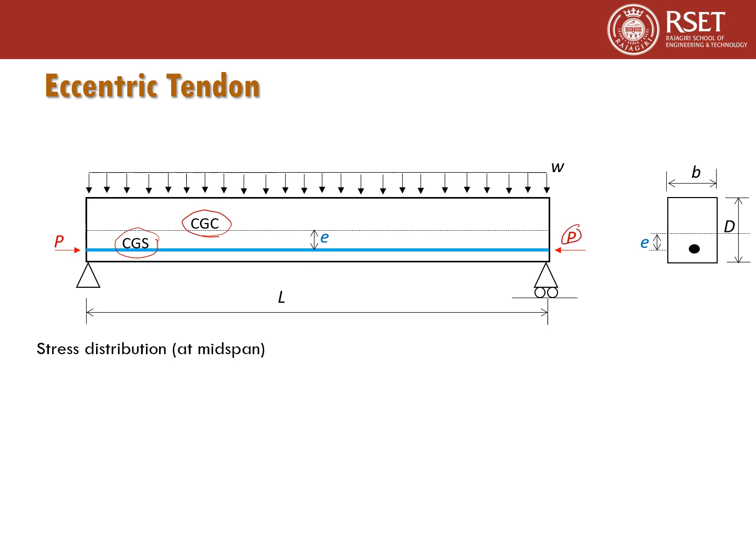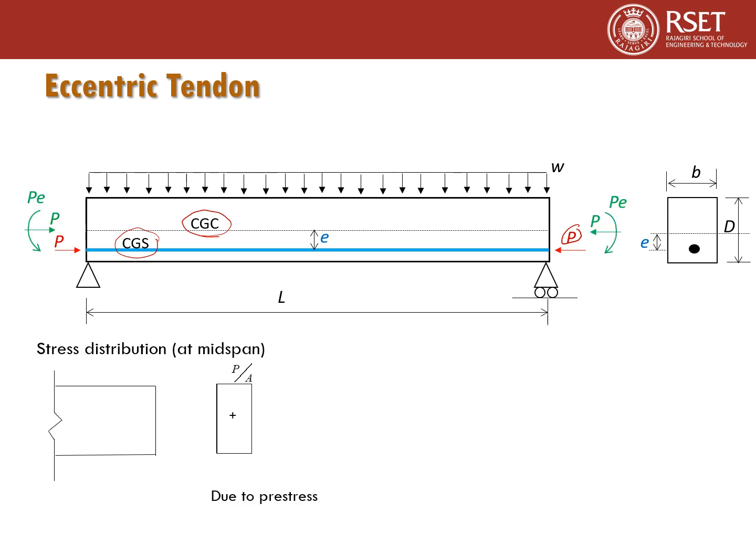Now let us calculate the stress distribution at the midspan. At midspan, the stress due to pre-stress, the P by A component, will be there, plus due to pre-stress there will be a hogging moment developed that is equal to PE. So it can be considered as an axial force P and a hogging moment PE.